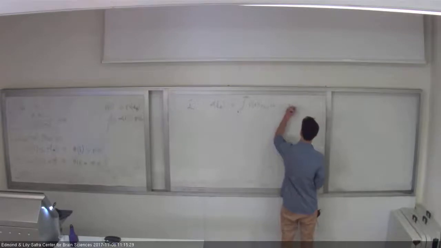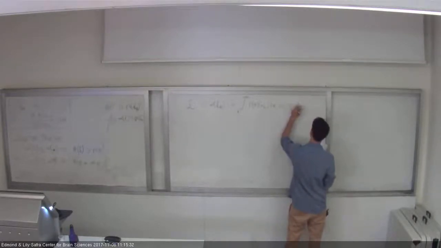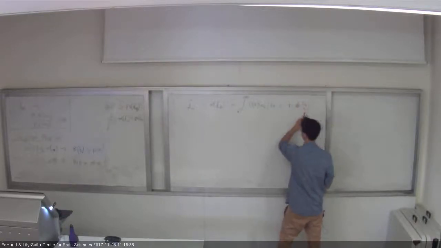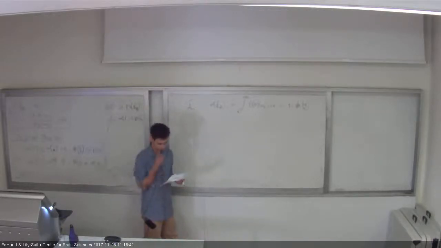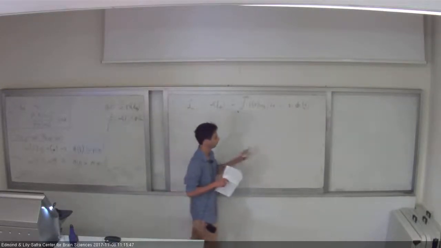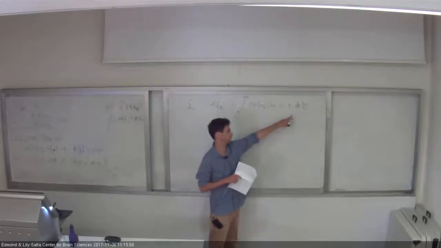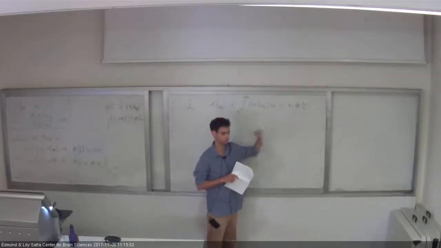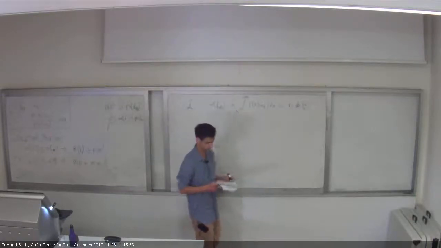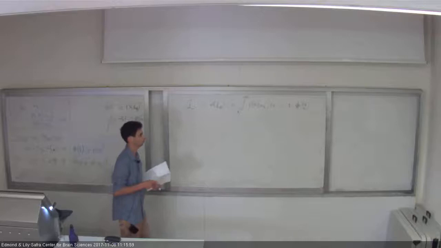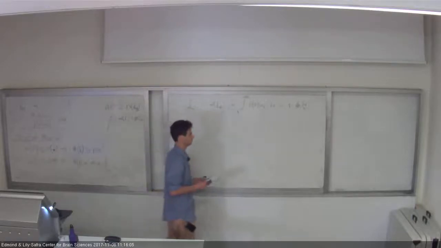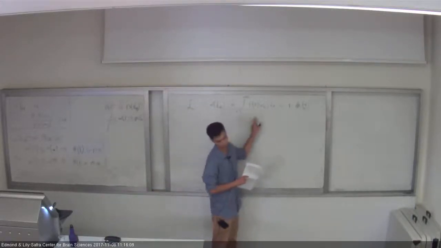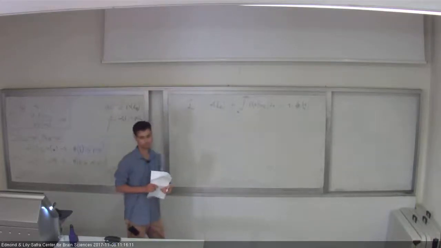So this is it exactly. This is the CDF of the standard normal distribution. We have here a Gaussian with mean 0 and variance 1. This is 1 minus the CDF of the standard normal distribution.